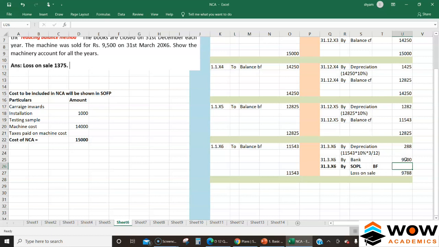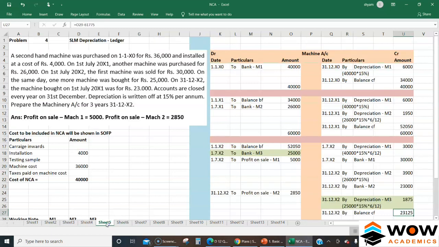But that worth of asset is still sold at a loss, because 11,250 worth of asset is sold for 9,500. So this loss has to be accommodated. 288 is the depreciation; if you deduct that, you get the carrying value. This was sold for 9,500, so we will end up with a loss of 1,755.